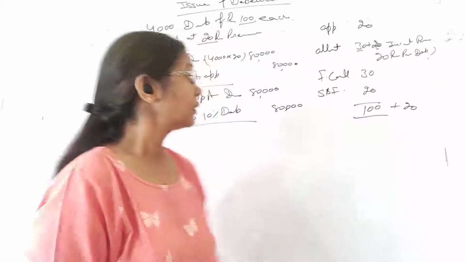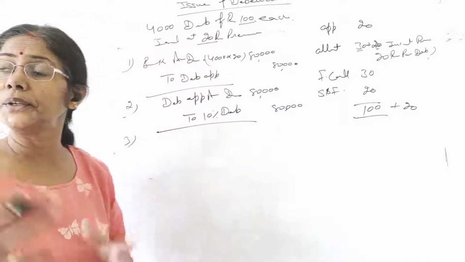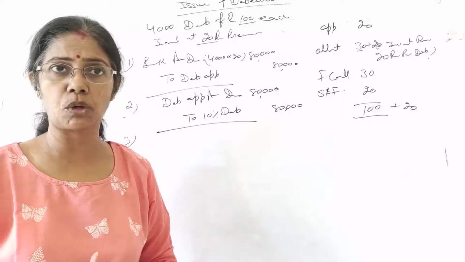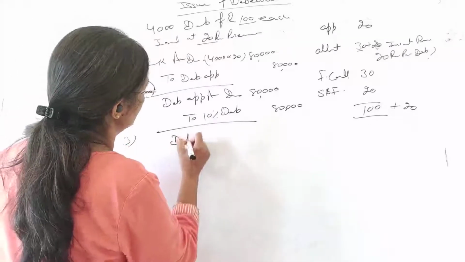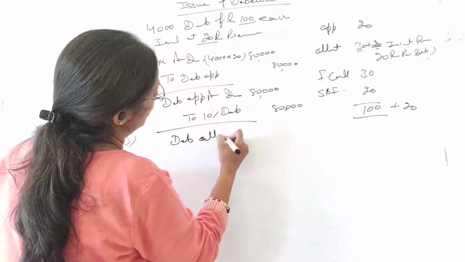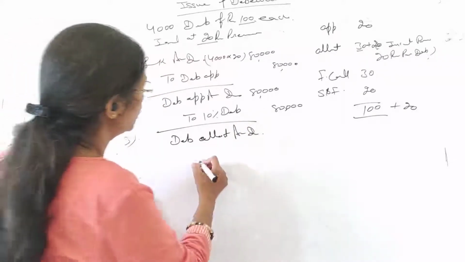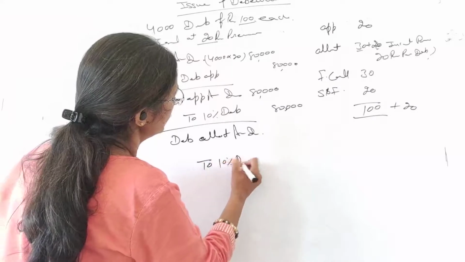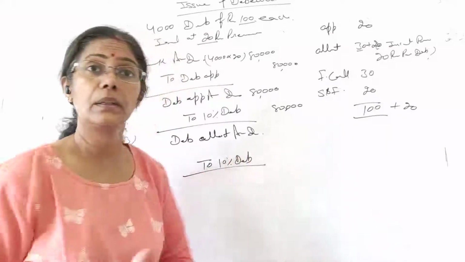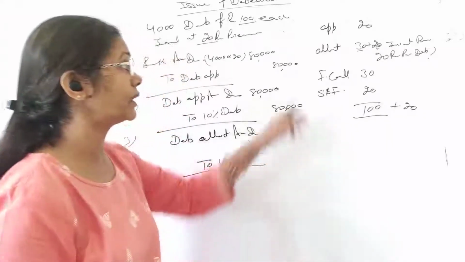So first we due the amount of allotment. The entry is debenture allotment account debit to 10% debenture. How much are you asking on debenture allotment?